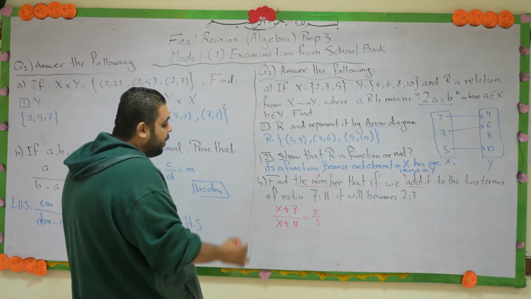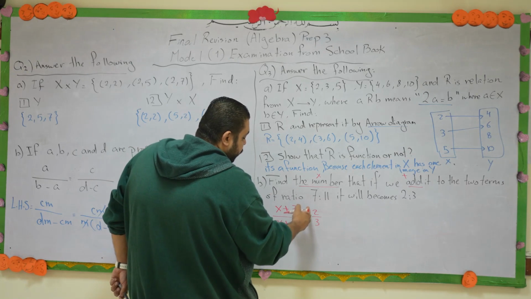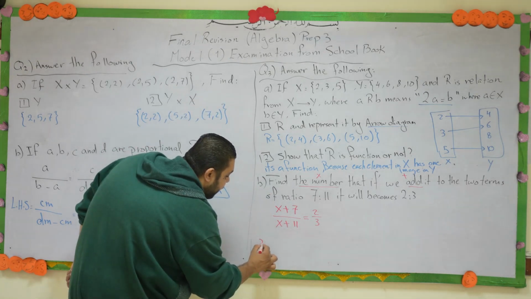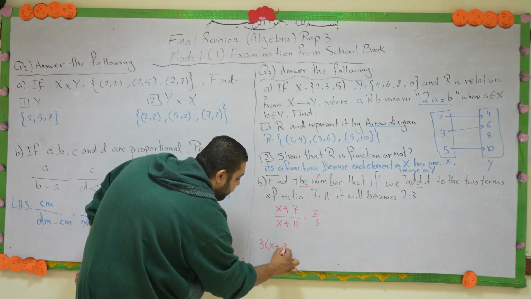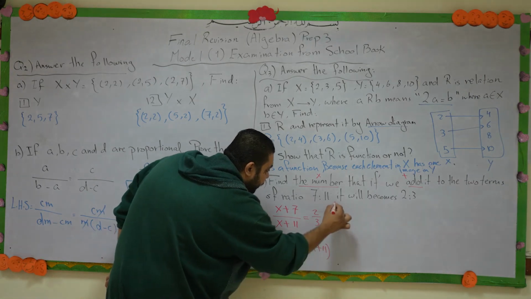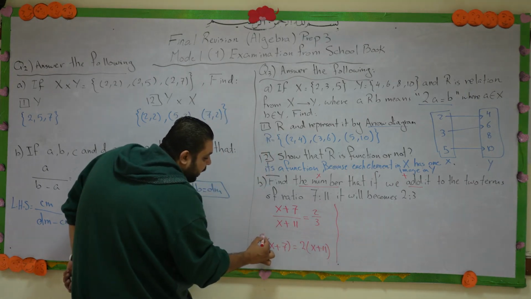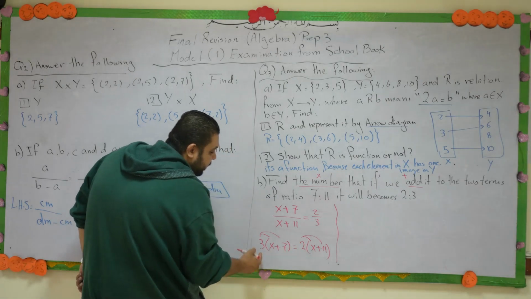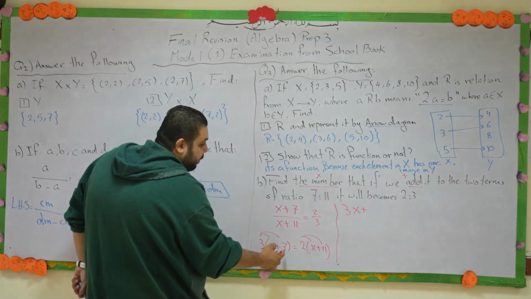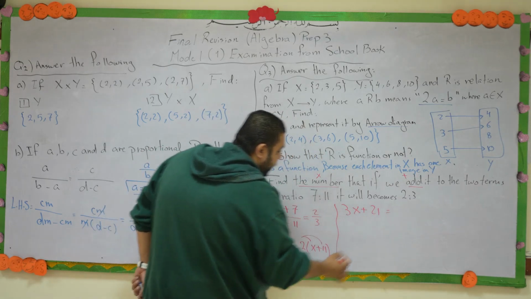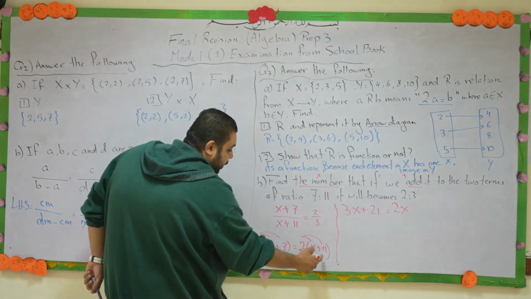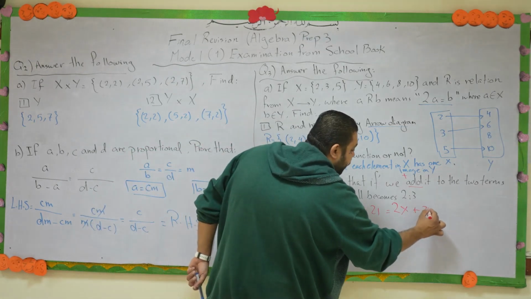Now I can solve this by cross multiplication or property 1. 3 multiply X plus 7 equals 2 multiply X plus 11. We multiply 3 to both terms and 2 to both terms. 3 multiply X, 3X, plus 3 multiply 7, 21. 2 multiply X, 2X, plus 2 multiply 11, 22.